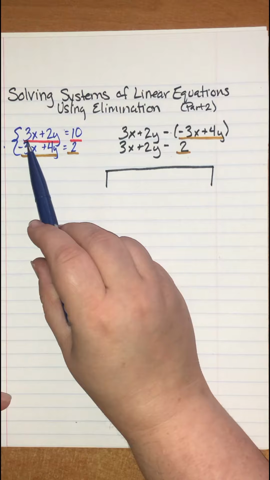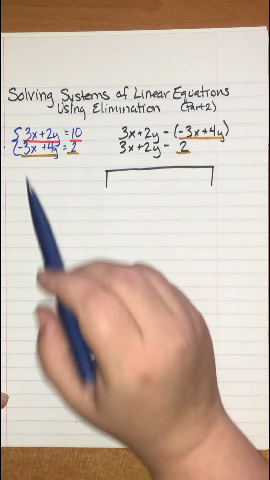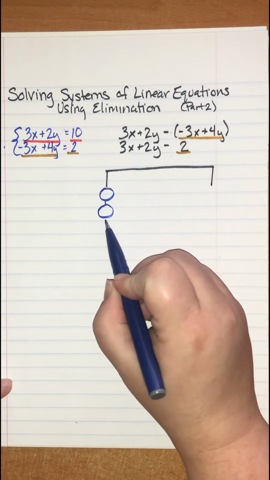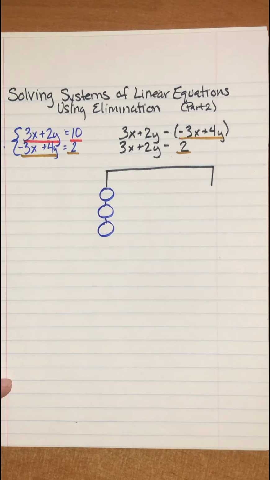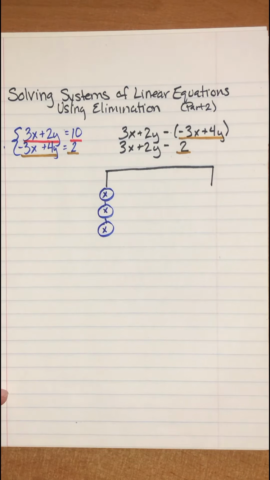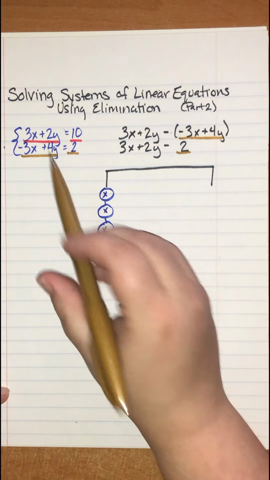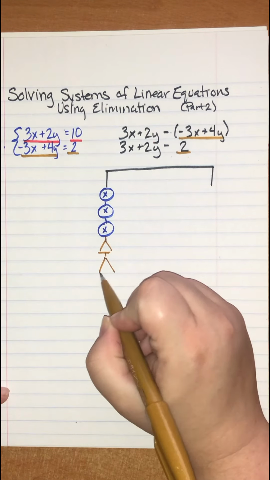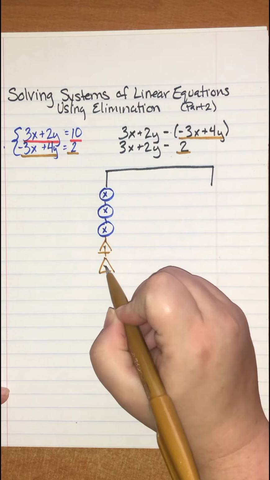So if I look at this equation here, 3x plus 2y equals 10, I'm going to represent each x with a blue circle. So there are 3 x's. And then I'm going to represent each of these y's with a yellow triangle. So there are 2 y's.